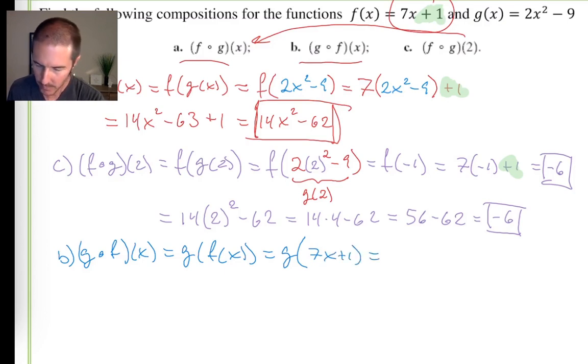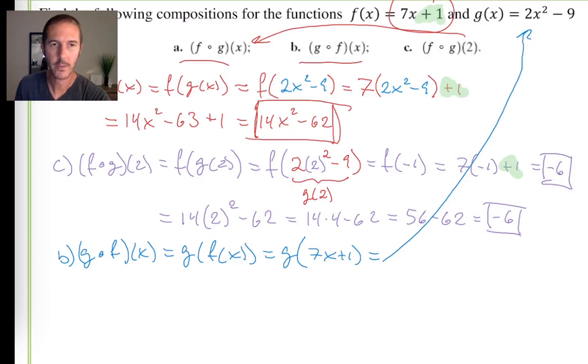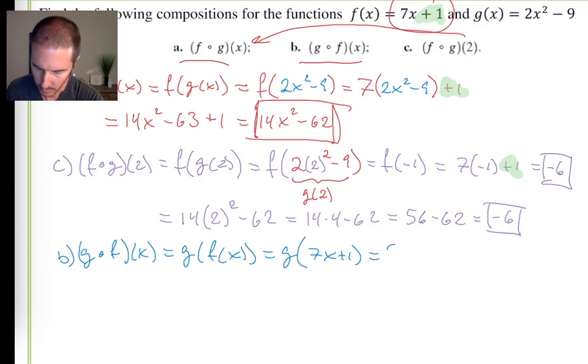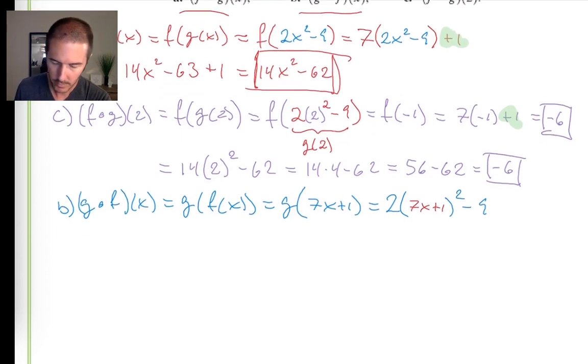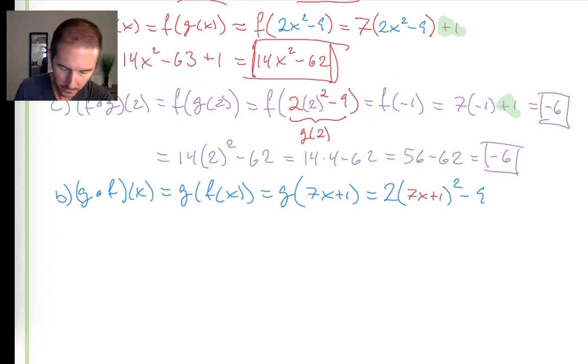And what am I going to do with the 7x plus 1? I'm going to square it and then multiply it by 2 and then subtract 9. So this is going to require some arithmetic. Here's 2 times the 7x plus 1 as our input value, squared, minus 9. And then we're off to the races for some arithmetic.